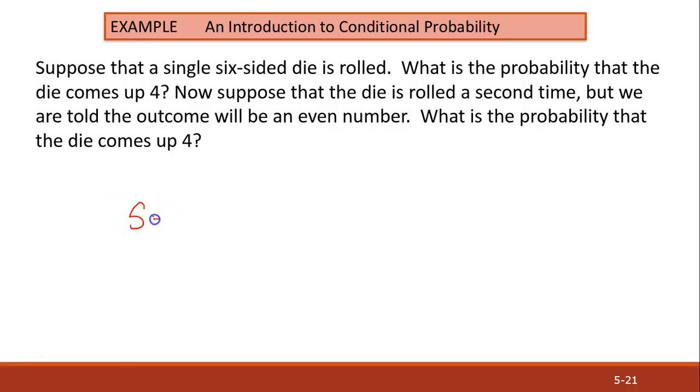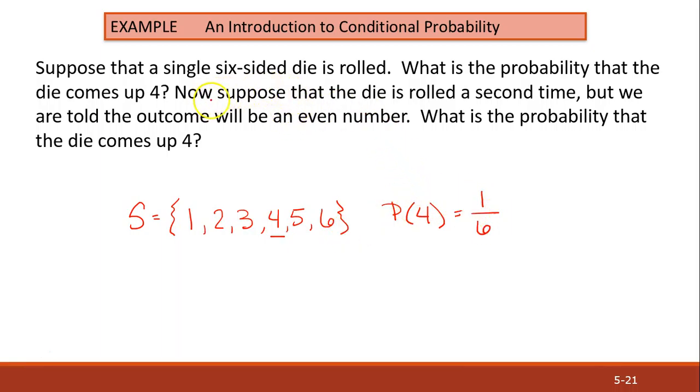On a six-sided die, here's the sample space, numbers 1 through 6. And the probability of rolling a 4 is equal to 1 out of the whole 6. So 1 out of 6.